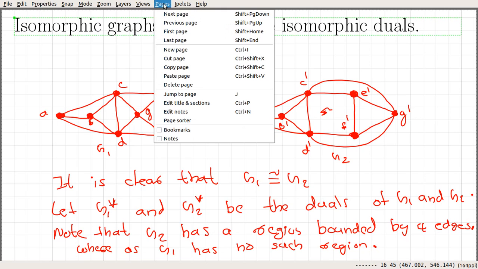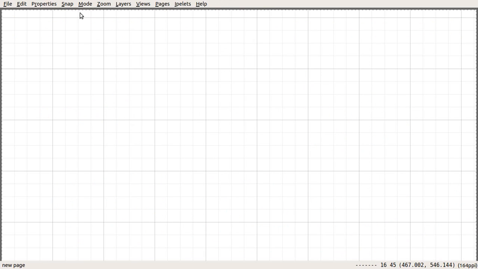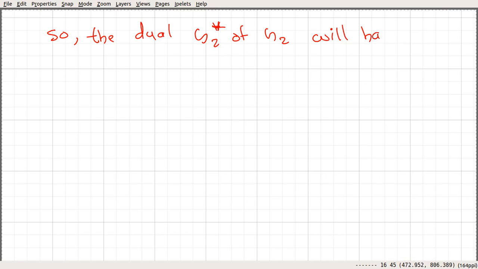So the dual G2 star of G2 will have a vertex of degree 4, but such a vertex won't be there in G1 star.